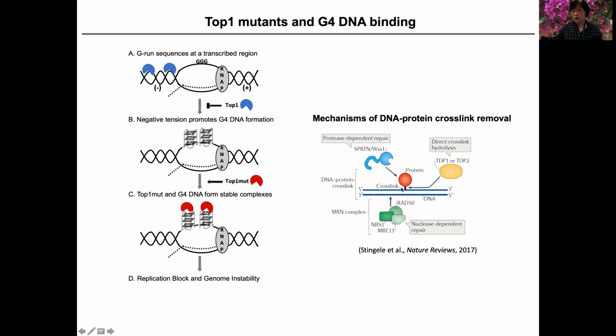That way it relieves the replication block caused by these protein-DNA crosslinks or protein-DNA complexes. So we thought that if the topo mutants are forming these protein-DNA complexes stuck on DNA, then first of all, they will be sumoylated. And second, they will be a substrate of WSS1 in yeast.